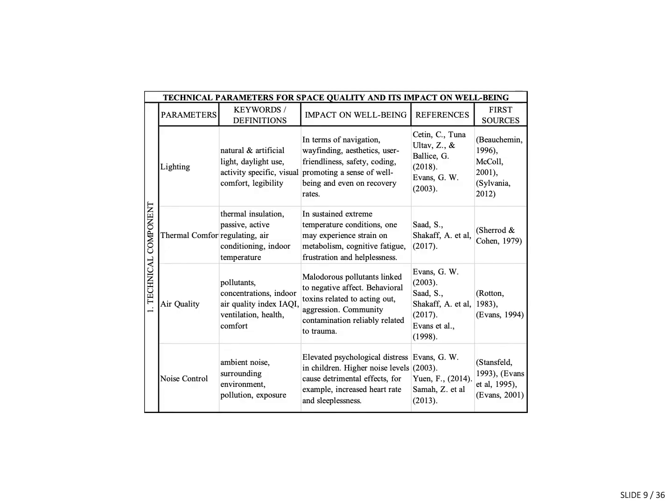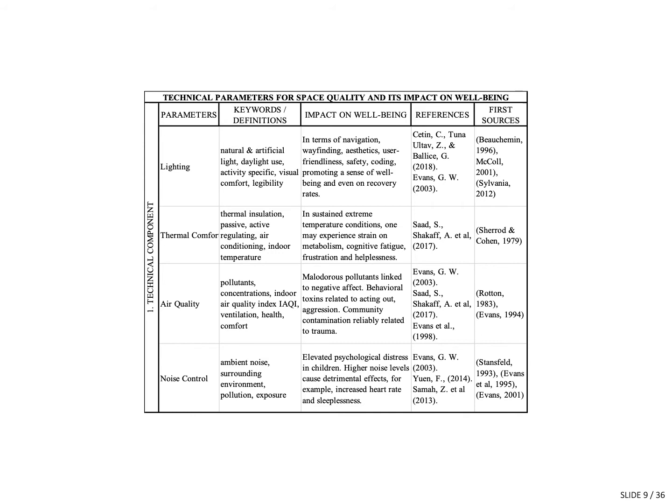The parameters within the technical component are lighting, thermal comfort, air quality, and noise control. All of these parameters are mentioned here with respect to their keywords and definitions, their impact on well-being, and their references from the literature sources and their first sources. Lighting can have an impact on human well-being by affecting wayfinding and user friendliness.